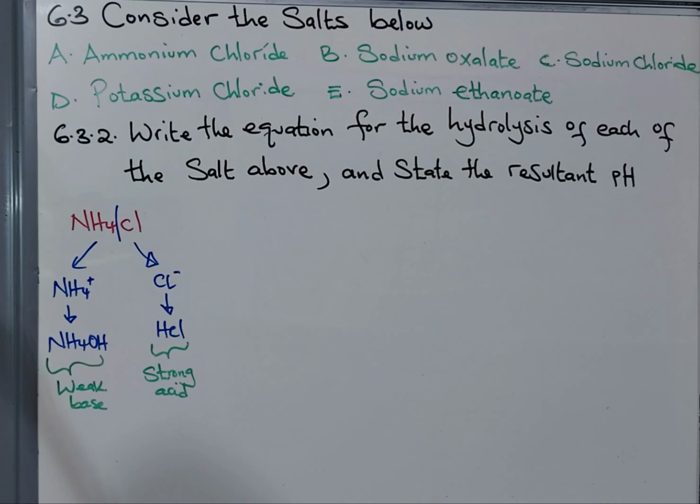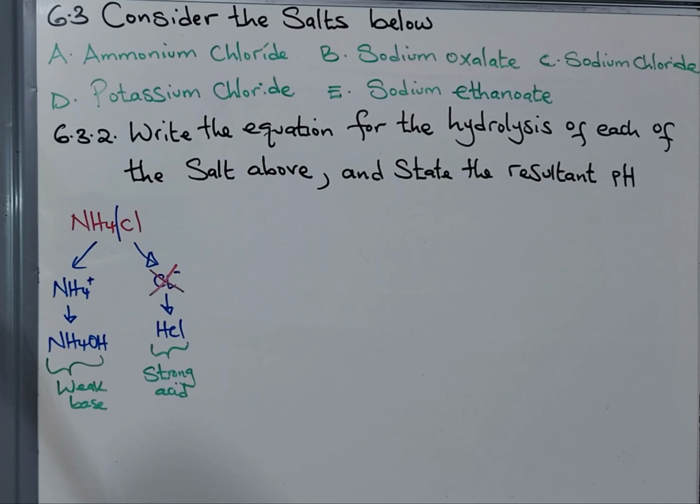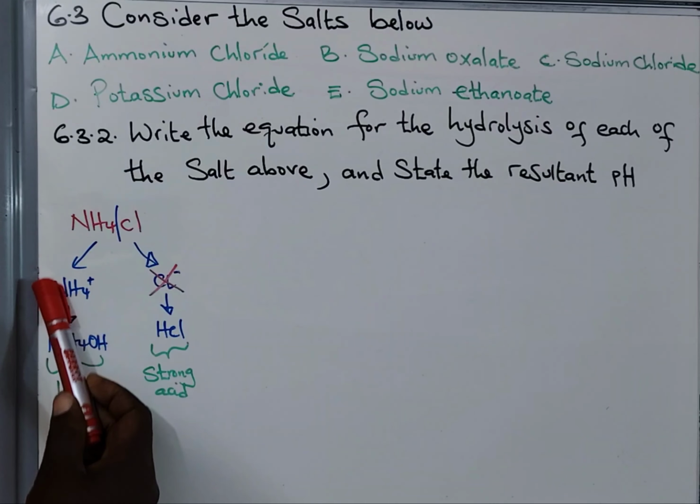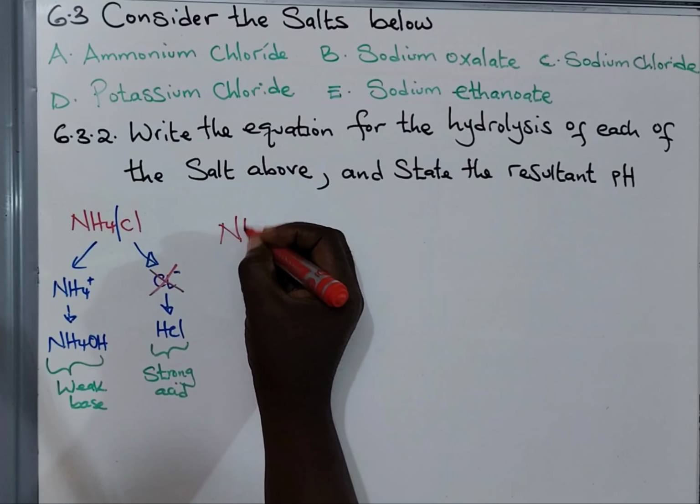You need to know that ions from a strong acid or strong base are not ionized. So for this case, we are saying that chloride ions, because they are from a strong acid, don't undergo hydrolysis. That leaves us with only one ion, which is the ammonium ion. And it's the ammonium ion which is going to undergo reaction with water.